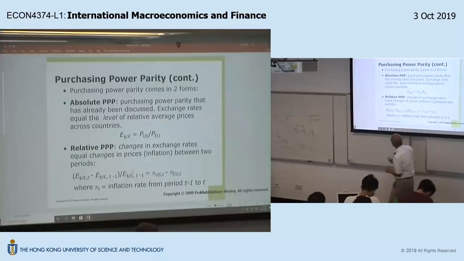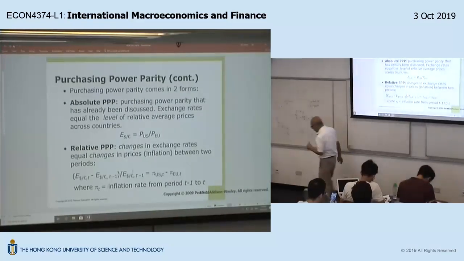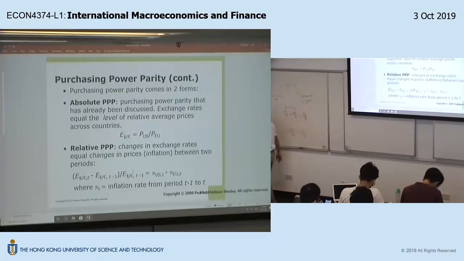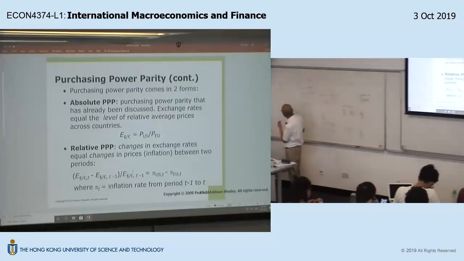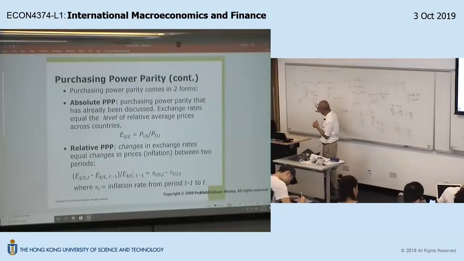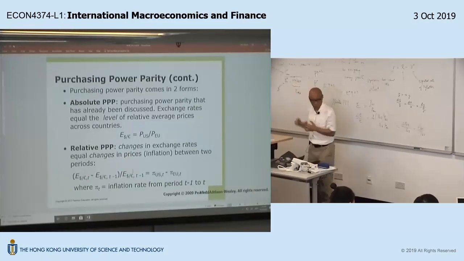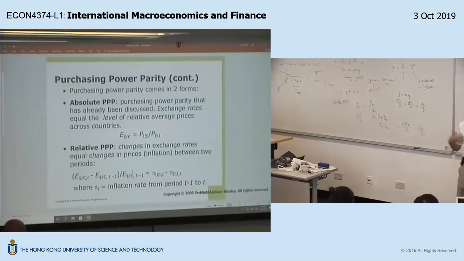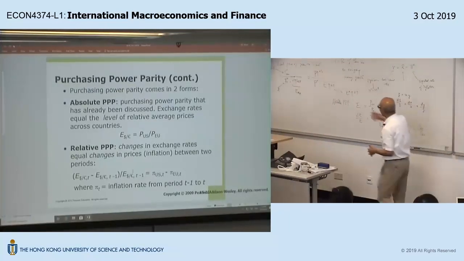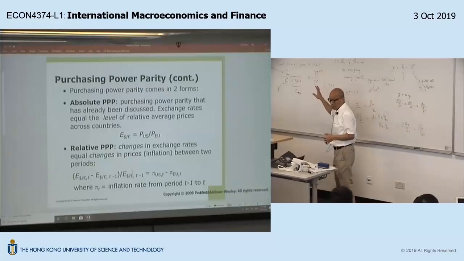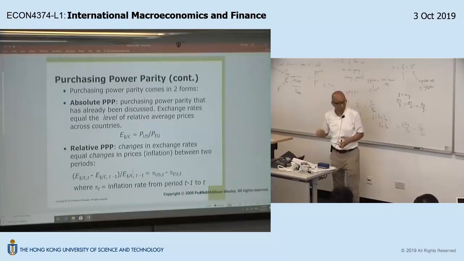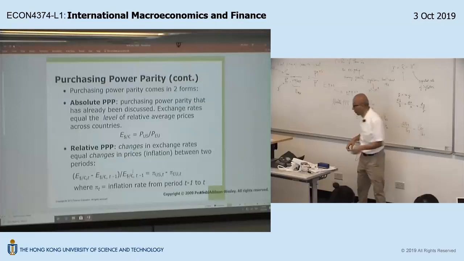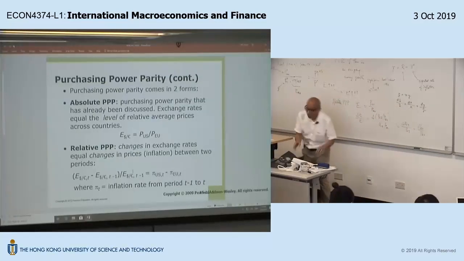Now, what I'm trying to say is that this implies that this relative price is a constant. If this actually holds, it corresponds to saying that this relative price is a constant. We're going to explain why this is true. Oh, I'm running out of time.